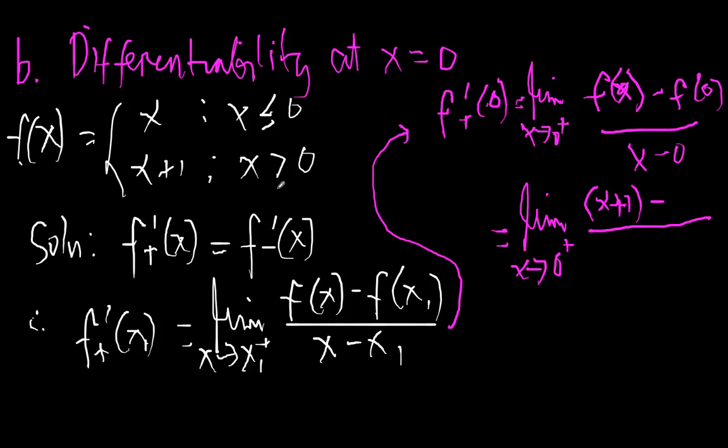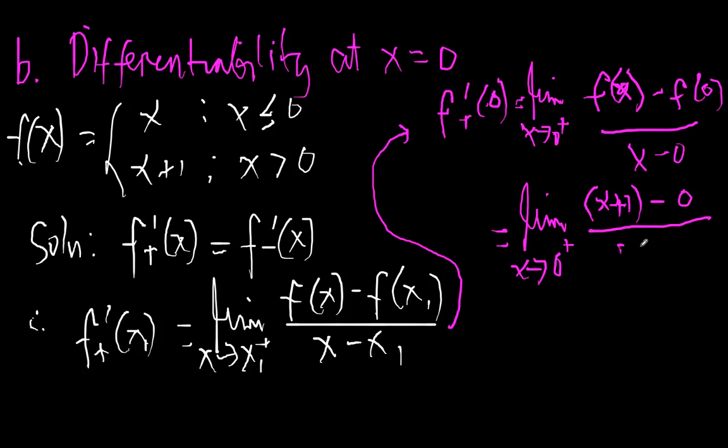Minus, what is f of 0? F of 0 is, we're going to consider this subfunction, since this is the function value when x is equal to 0, and 0 is part of this subfunction, which is x. So therefore, it is just 0. Why 0? Because when x is 0, x is 0 here.